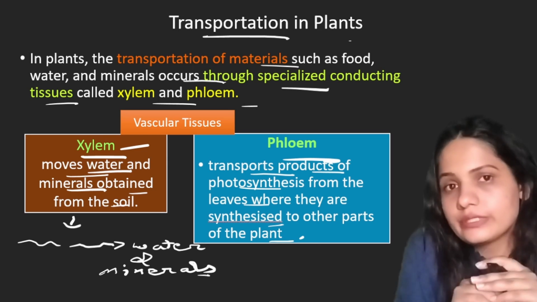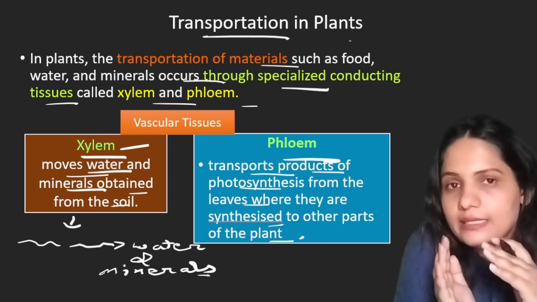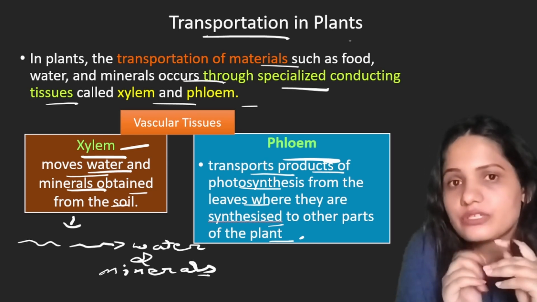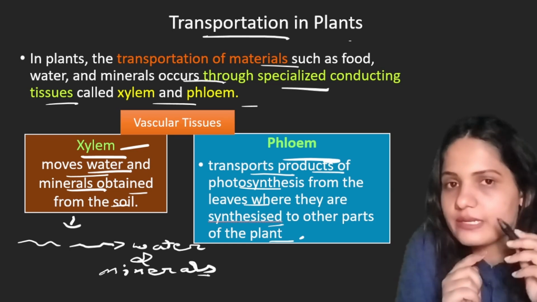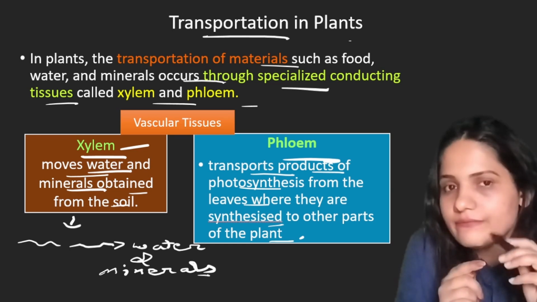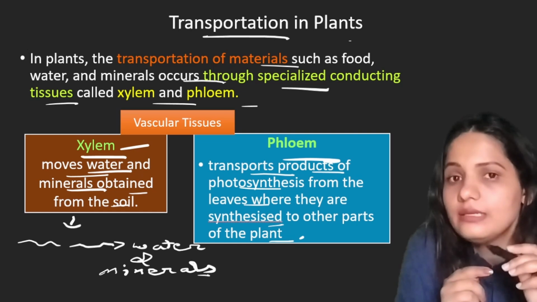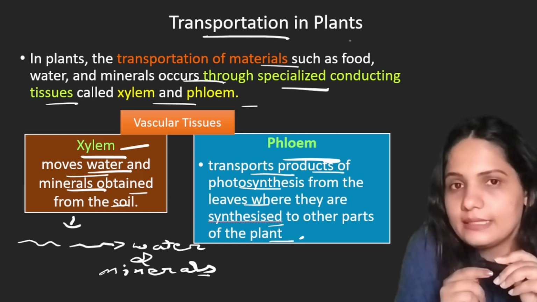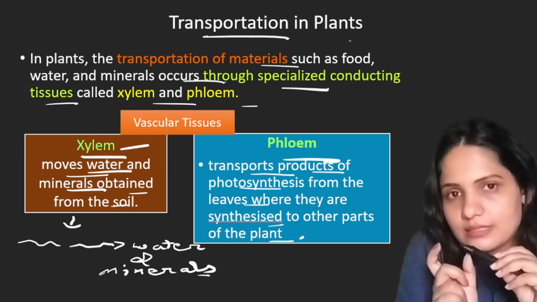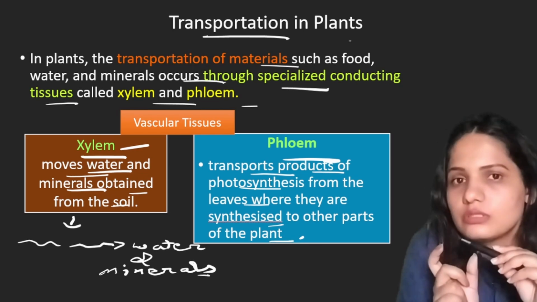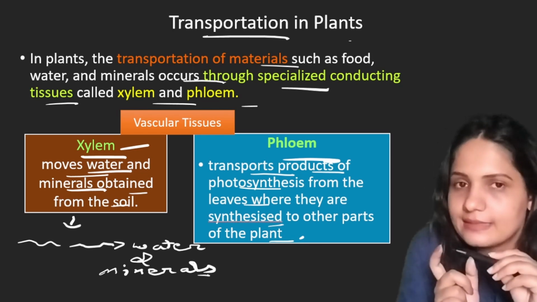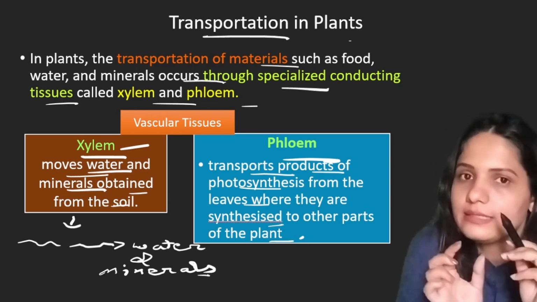Phloem transports carbohydrates from the leaves where they are synthesized. Carbohydrates are synthesized in leaves. Leaves are the site where photosynthesis occurs, and after photosynthesis, the end products of the reaction, carbohydrates, are stored inside the leaves.